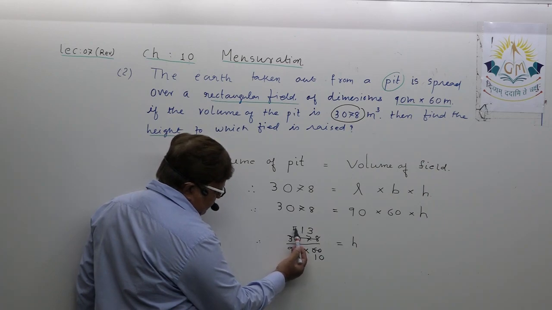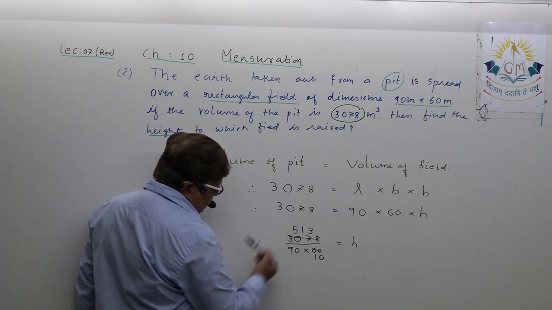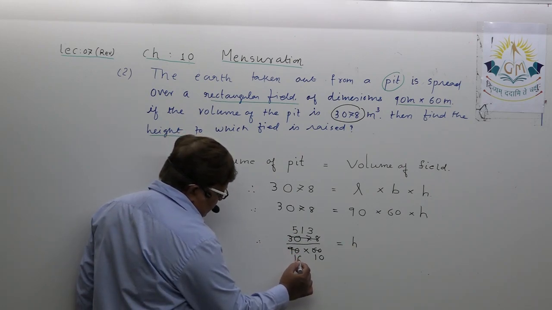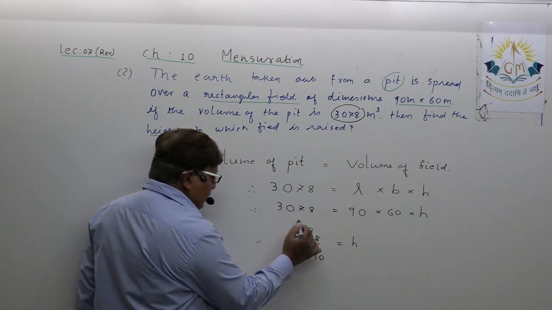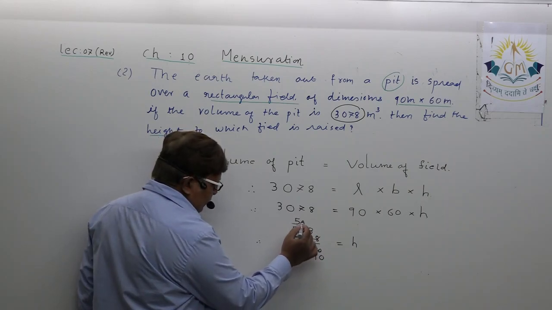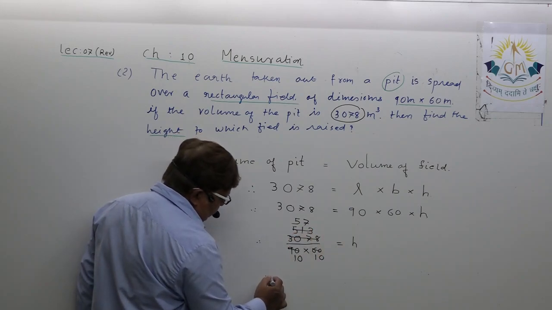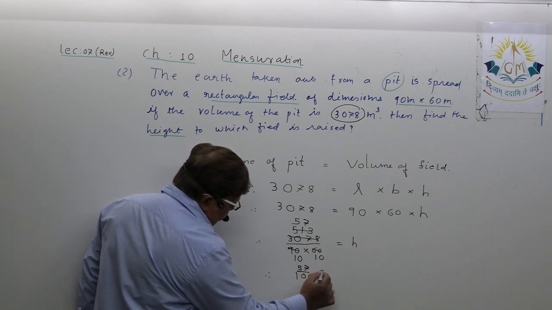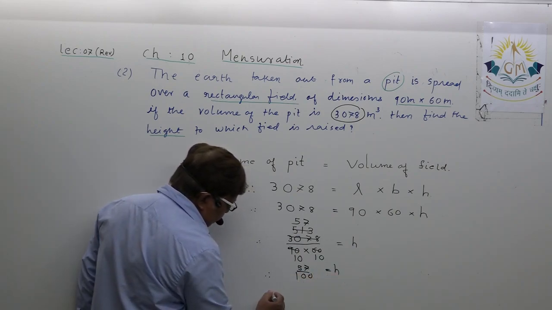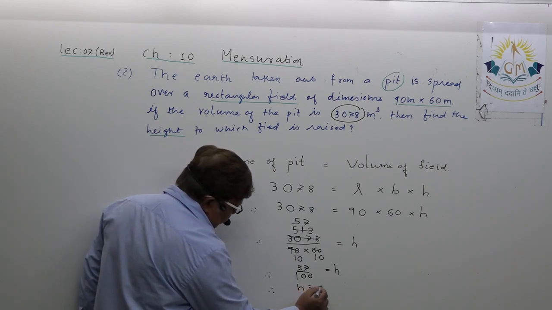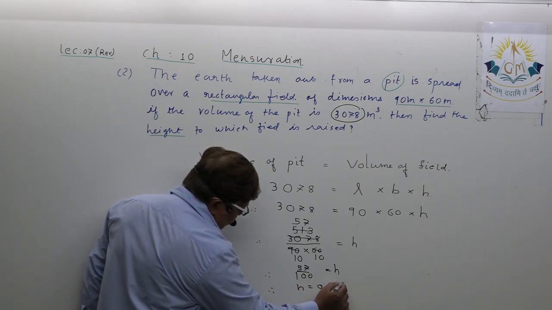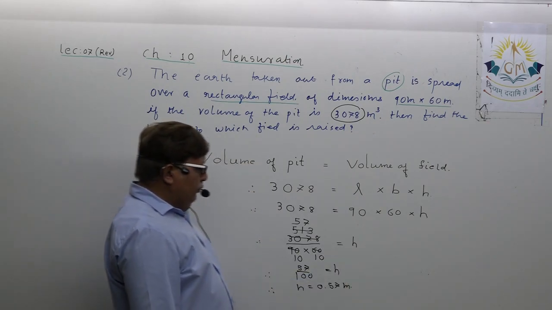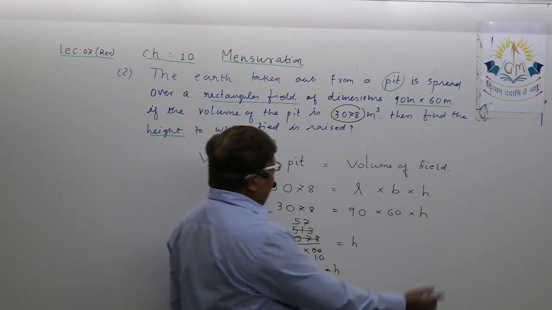Is it possible by 9? 9 5s are 45, yes, by 9 it is possible. 9 10s are 90, 9 7s are 63. So, dear student, we got 57 upon 100 equal to h. Therefore, h equal to 0.57 meter.